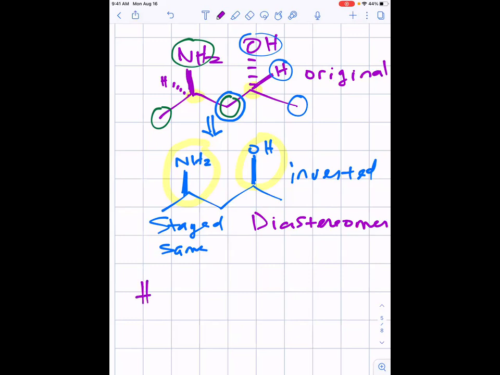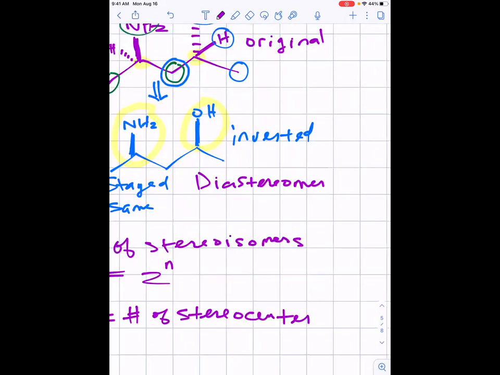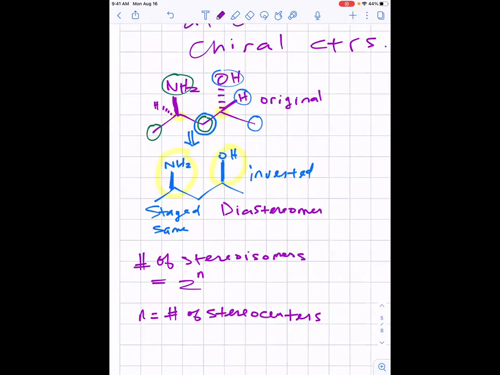So I'm going to write that here, number of stereoisomers. And then we're going to figure out how many we should get for this, and then we're going to draw the other ones. A very simple formula, 2 to the n, where n is the number of chiral centers. All right, so n is going to be the number of stereocenters.